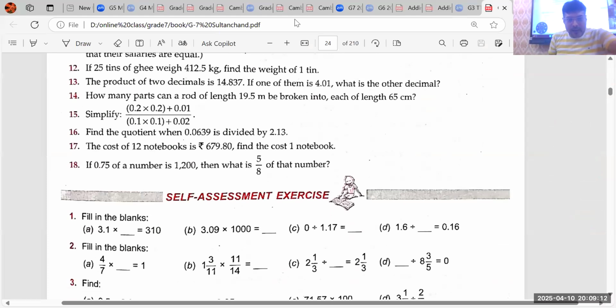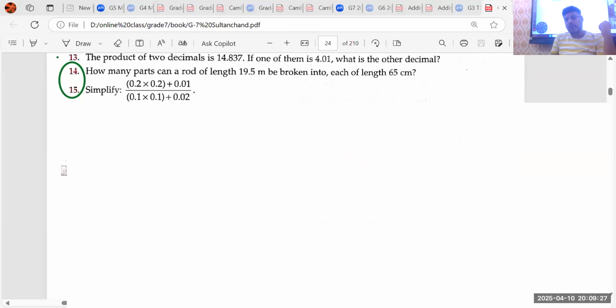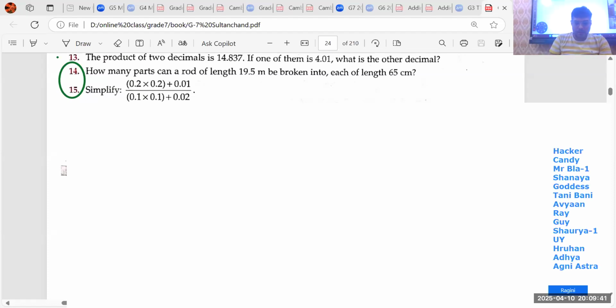So do the 14th and 15th question. So 1 meter equal to how many centimeter? Beta, you shouldn't ask that question in grade 7 at all.